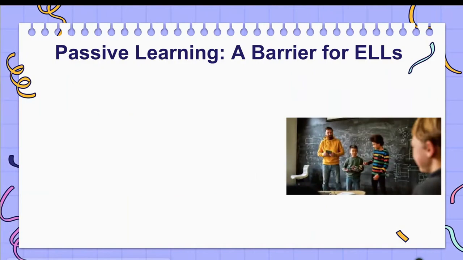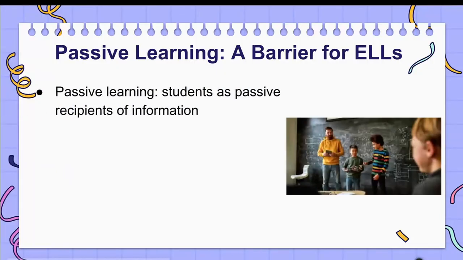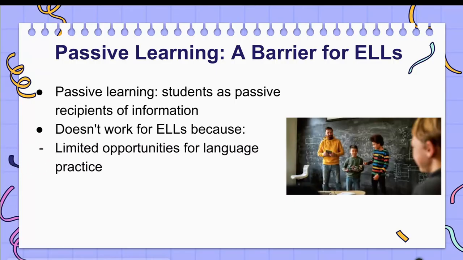Now, let's address a common issue in many classrooms: passive learning. This is when students are expected to be passive recipients of information, often in a lecture style format. This approach doesn't work well with ELLs for several reasons. First, it provides limited opportunities for language practice. Our ELL students need chances to use academic language in meaningful contexts.